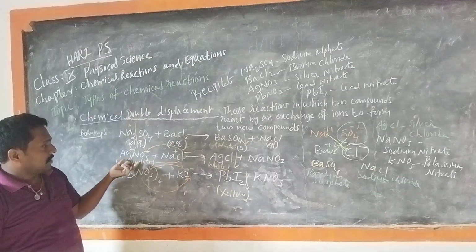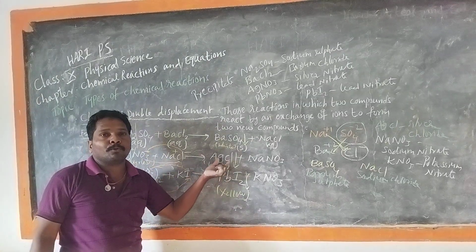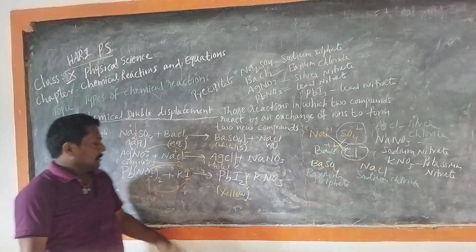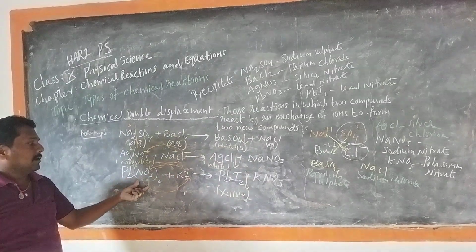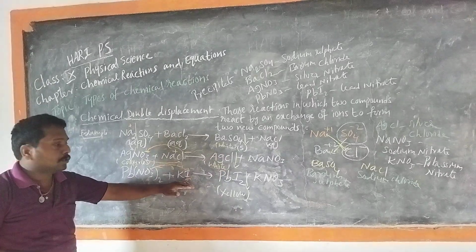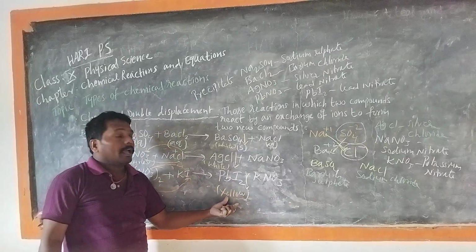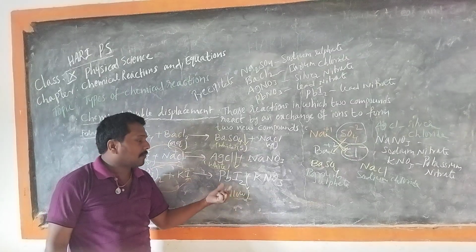When silver nitrate combines with sodium chloride, a white precipitate of silver chloride is formed. And similarly, lead nitrate is a colorless solution and potassium iodide is also a colorless solution. When these two are combined, a yellow precipitate of lead iodide is formed.